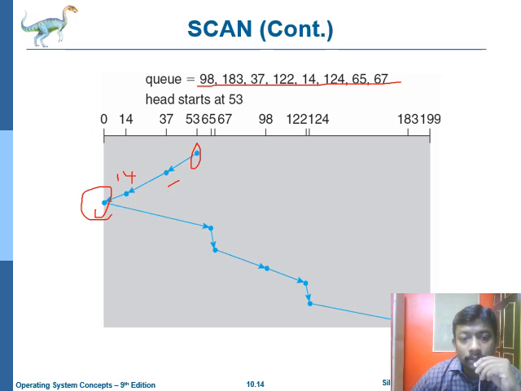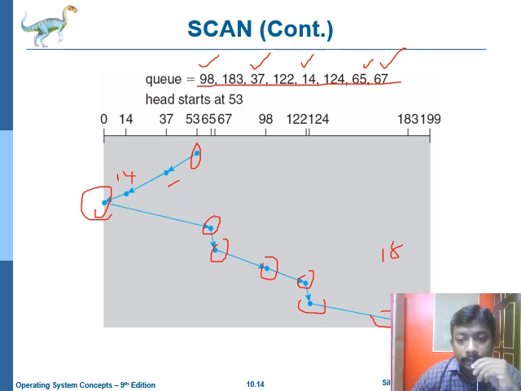From 0, 14 and 37 we have completed. After that I have to reach 65, then 67, then 98, then 122, then 124, and finally 183.